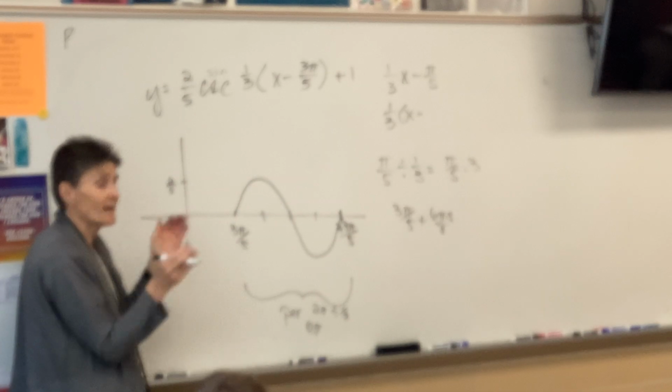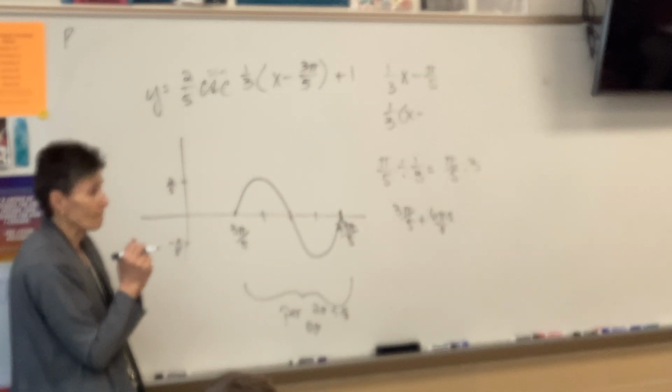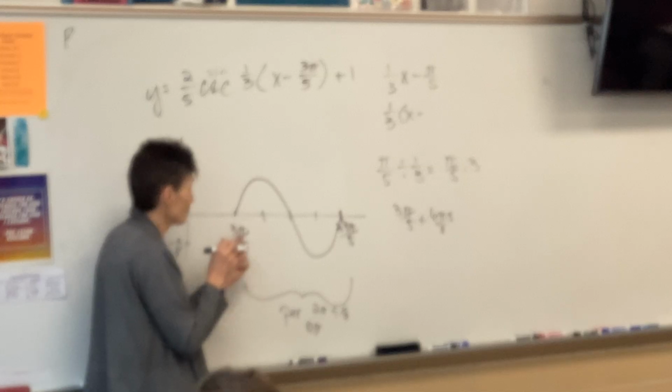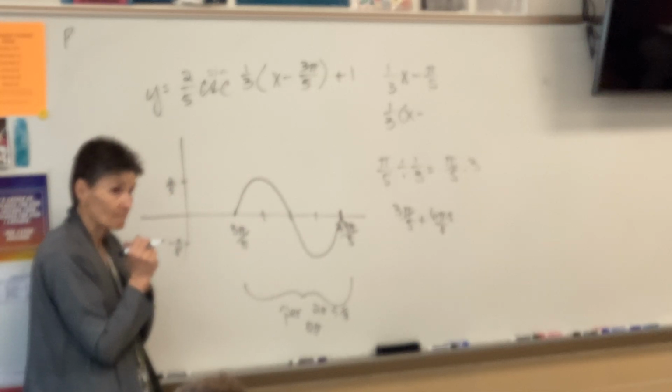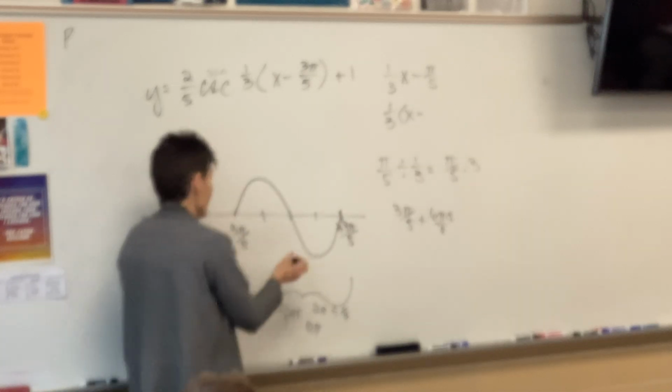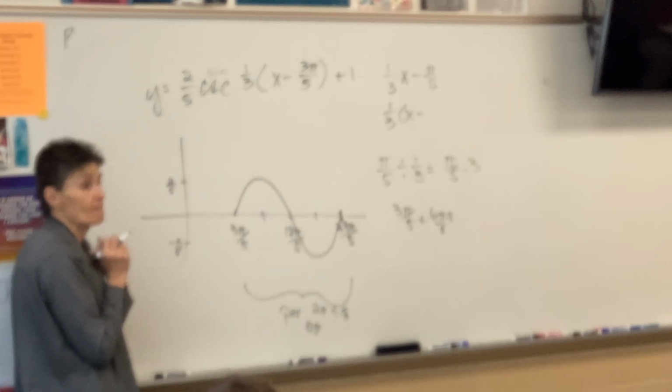Don't let the pi confuse you. It just goes along for the ride. Now, 3 and 33 makes 36, and half of 36 is 18. So this right here is 18 pi over 5. It's right in the middle.